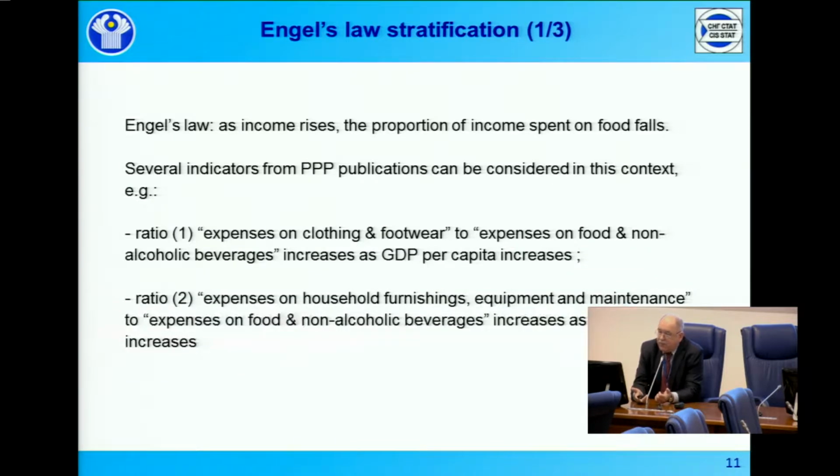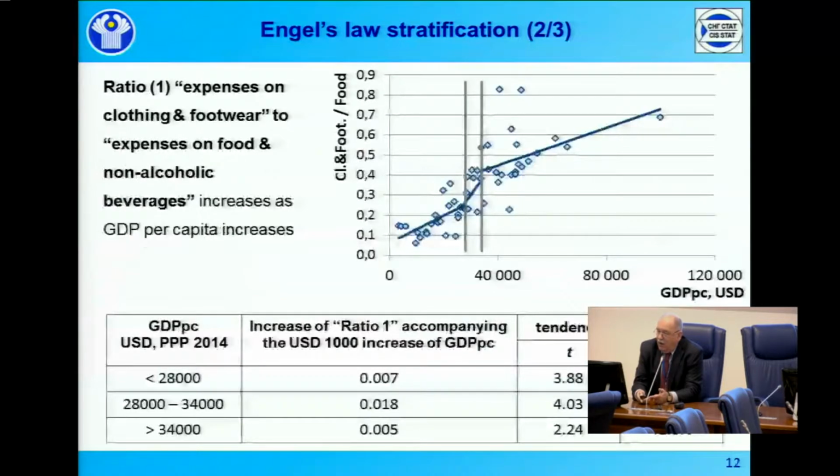Ratio 1 is expenses on clothing and footwear to expenses on food and non-alcoholic beverages, and ratio 2 is expenses on household furnishing, equipment and maintenance to expenses on food and non-alcoholic beverages. So the idea of these two ratios is the same: a ratio between the expenses on non-food to expenses on food. Well, the results are the same.